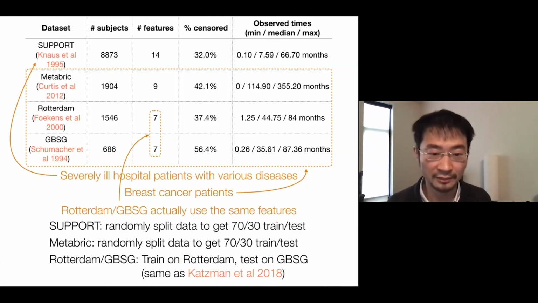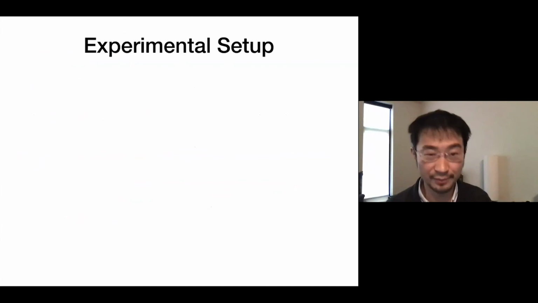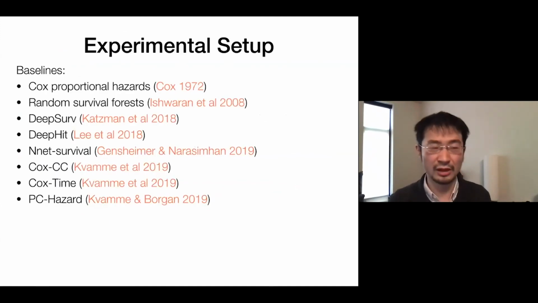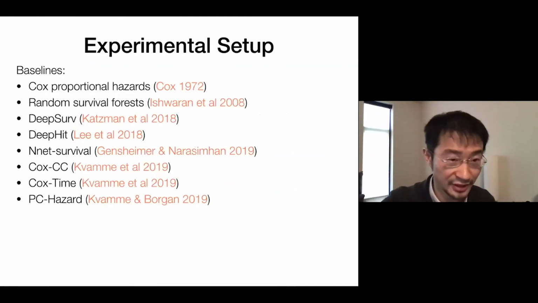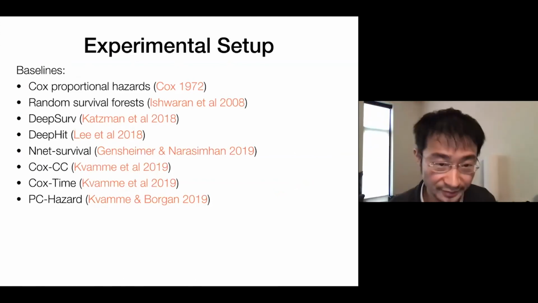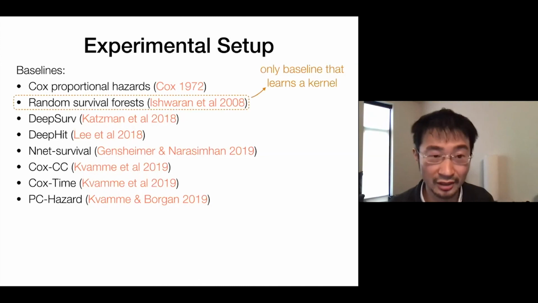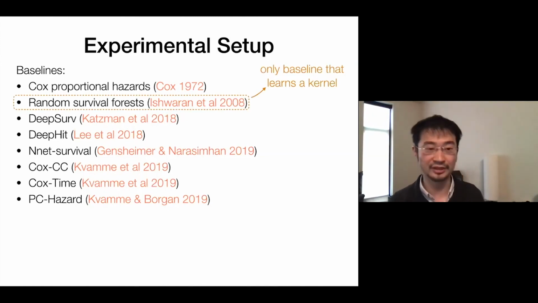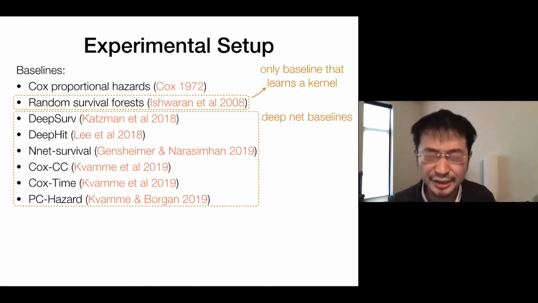The experimental setup is as follows. I already explained the data sets. I'm going to test against a whole bunch of baselines. Only one of these baselines learns a kernel, which is random survival forest. I mentioned this before. I have 6 recently proposed deep survival analysis baselines.